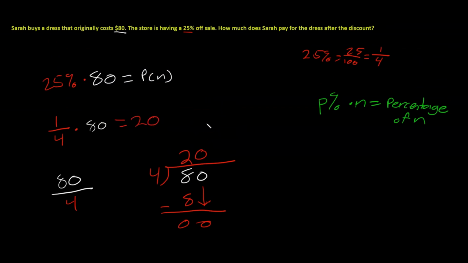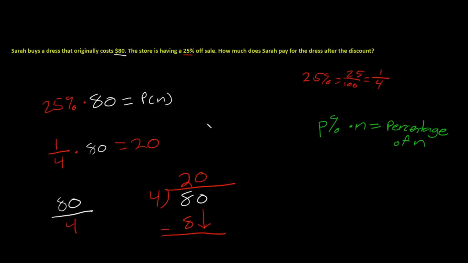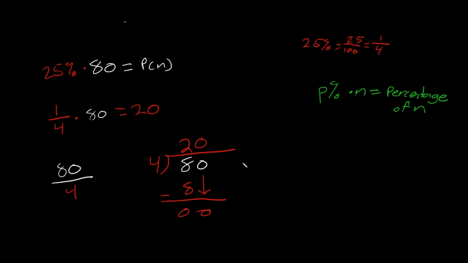And remember, we're looking for how much Sarah pays for the dress after the discount. So $20 is what's going to be taken off the original cost. So we subtract 20 from 80, and 80 minus 20 is 60, but we can work that out. So 80 minus 20, that's 0, and then that's 6.